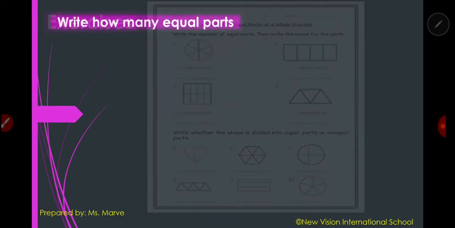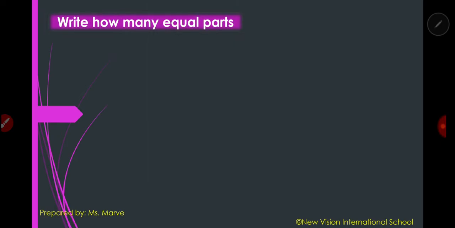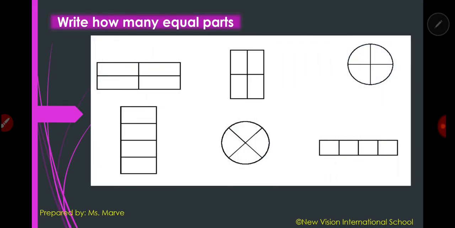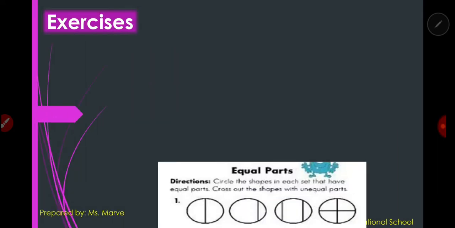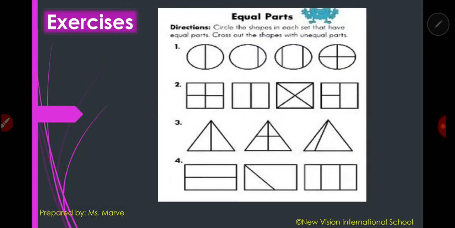Great. Okay, let's move on. Here, it's just easy. Just write how many equal parts there are in each shape. You can just write the answer down, take a picture, and send it to our group. Next here, circle the shapes that are equally divided and cross out the shapes that are not.